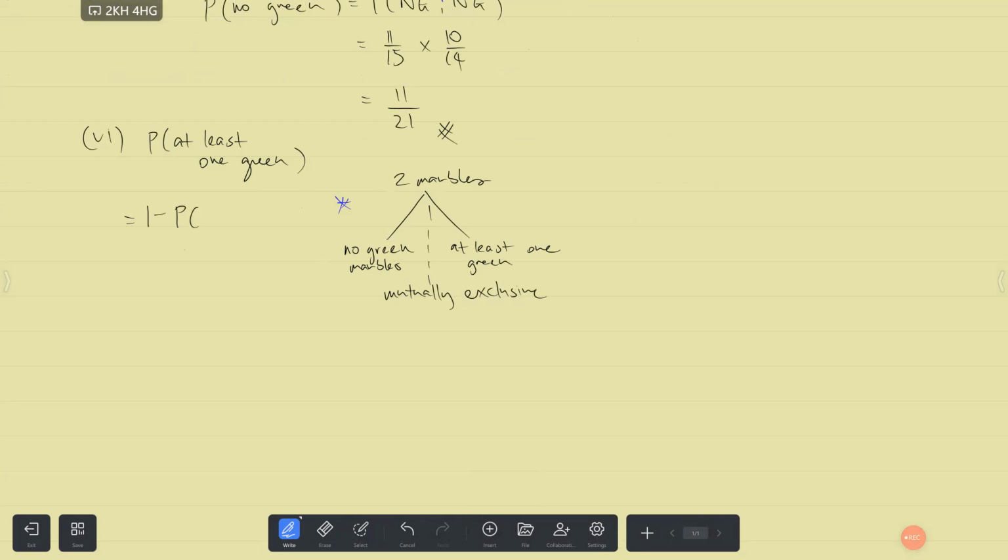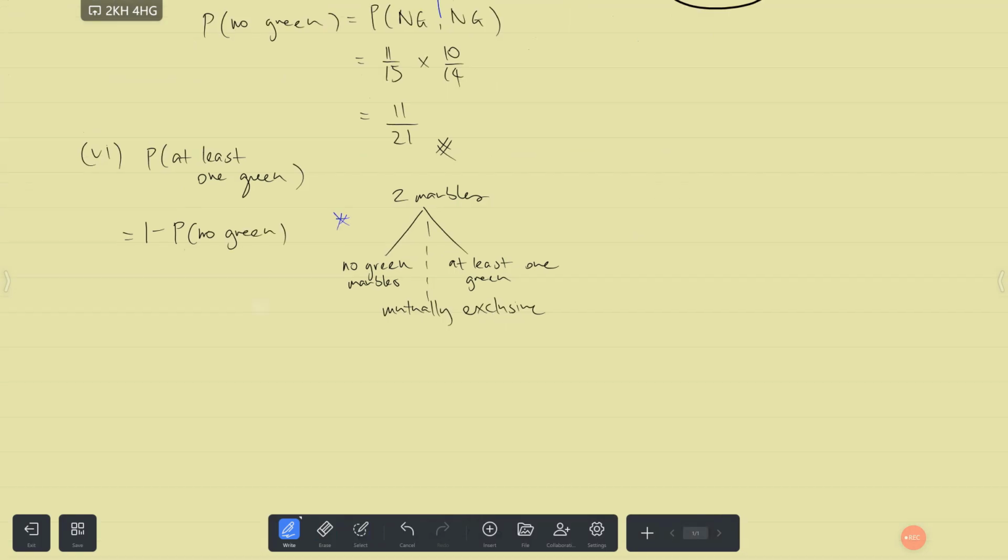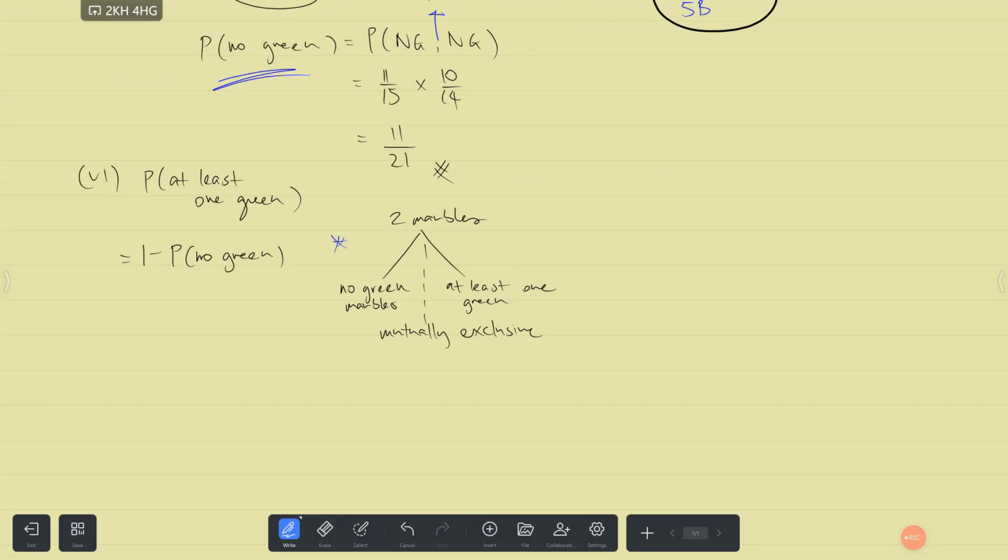So we can write 1 minus P(no green), and we have the answer from the previous question. So it's just 1 minus 11 over 21, and it gives you 10 out of 21. Alright, that's it. Thank you so much for your time.